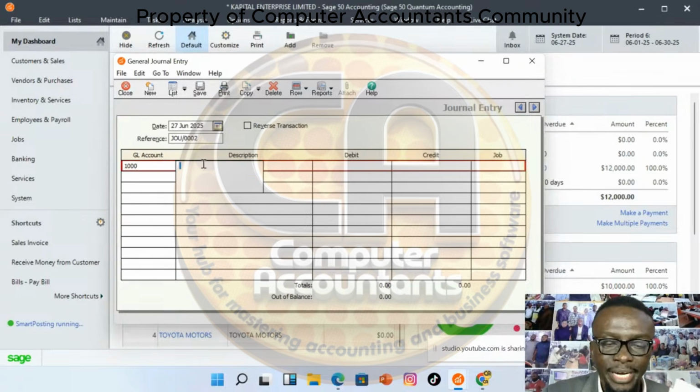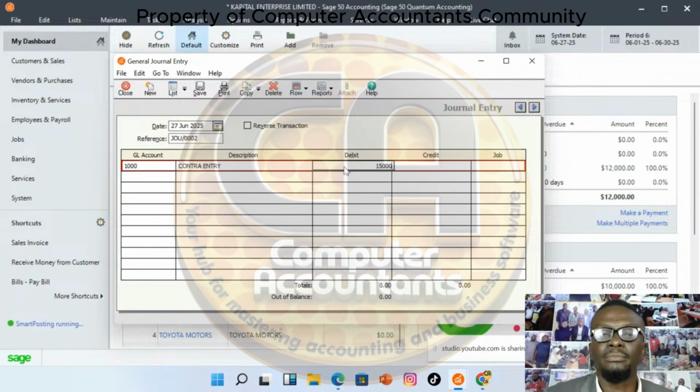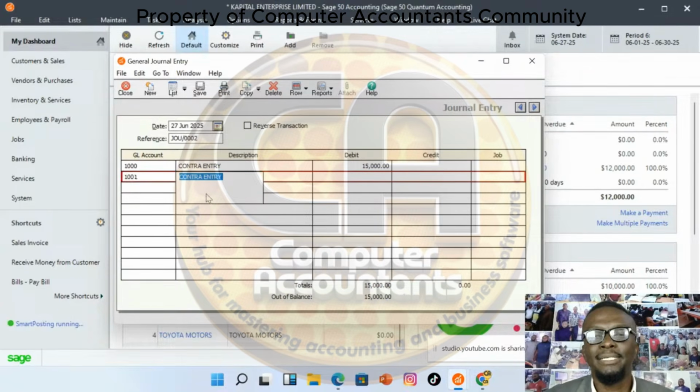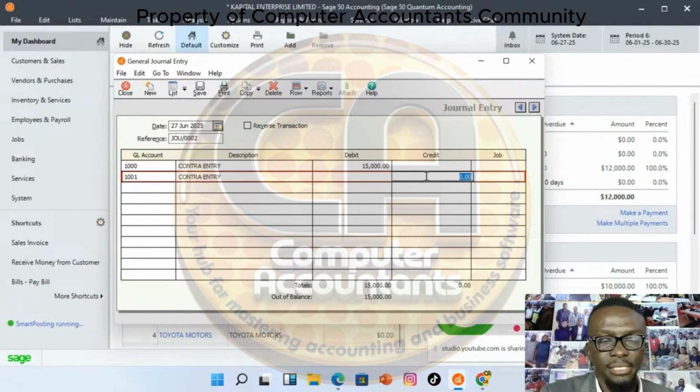Please don't forget your narration, so I will use the word contra entry. Okay, the amount is 15,000. Then you have spiritual bank, you credit 15,000. So the implication is that the amount we have in the bank will reduce by 15,000, while the amount we have at hand will increase by 15,000. I'm good to go. Save.